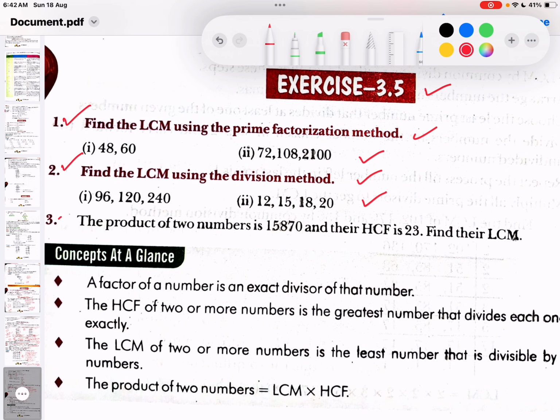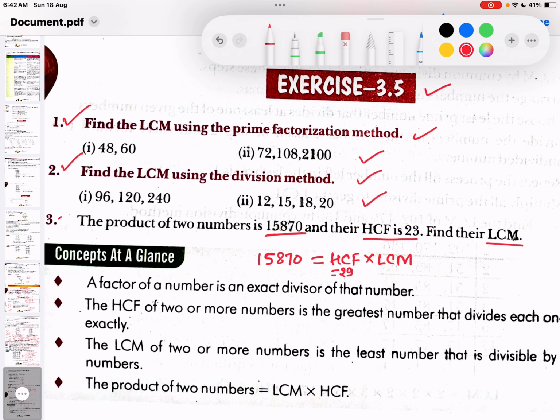And the third one: the product of two numbers is given, the multiplication of two numbers is given. HCF is given, you have to find the LCM. So product is 15870, HCF वैल्यू आपको दिया हुआ है, LCM you have to find.